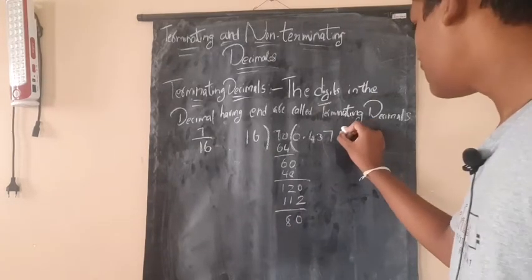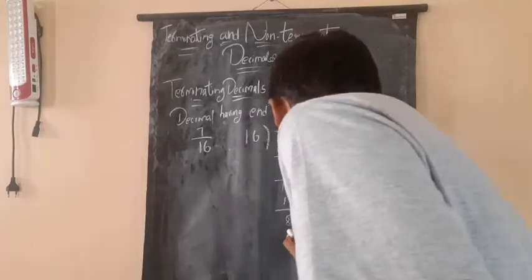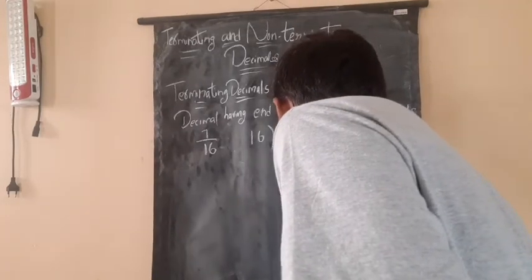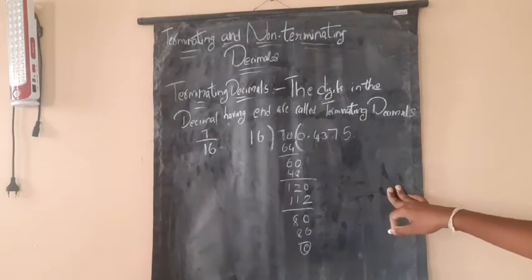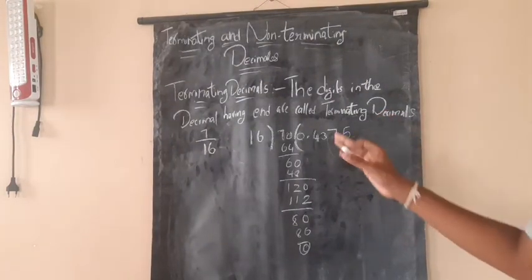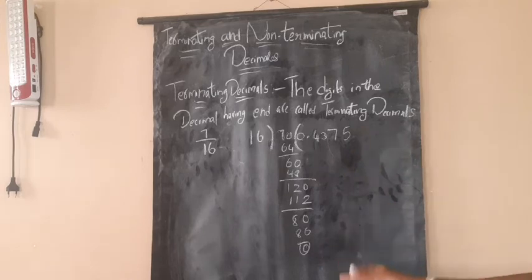Now 16 5s are 80. See, in this example, the digits in the decimal have ended and the remainder is 0.